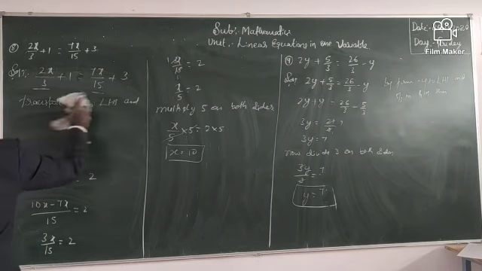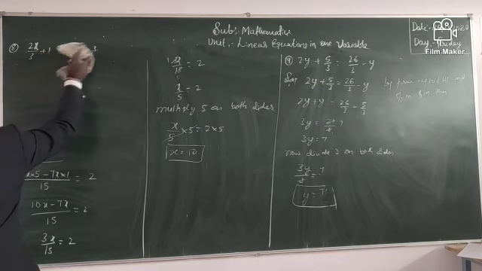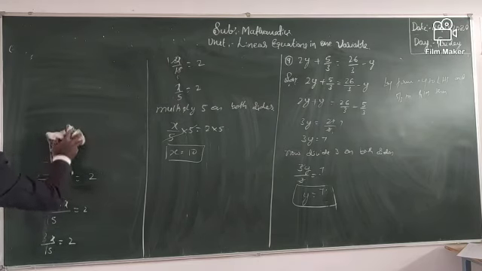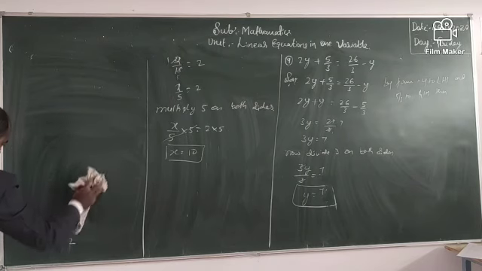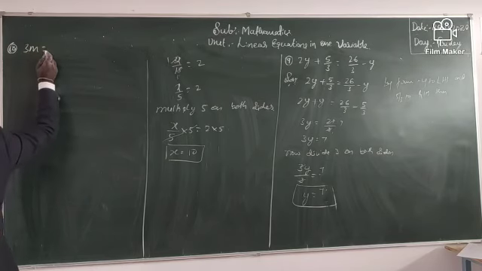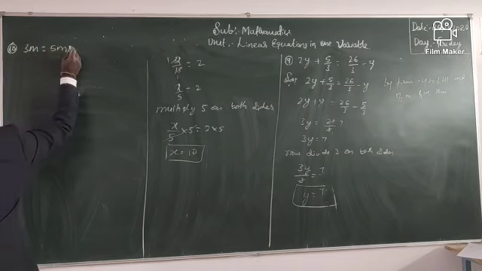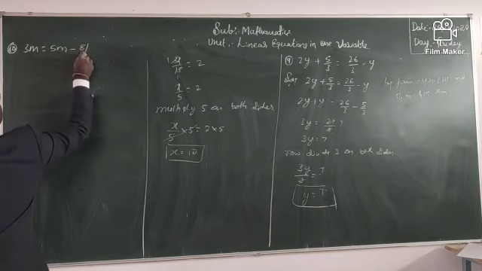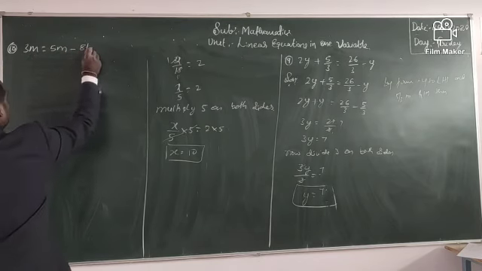Now the last problem, that is the 10th one. Write down. 3m equal to 5m minus 8 by 5.